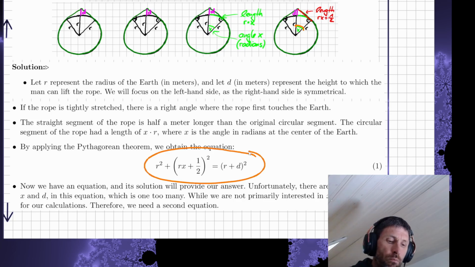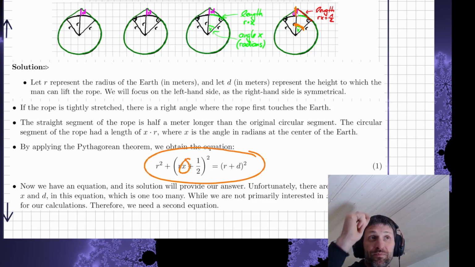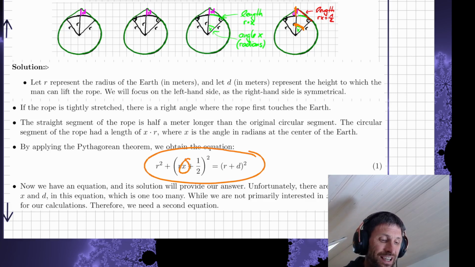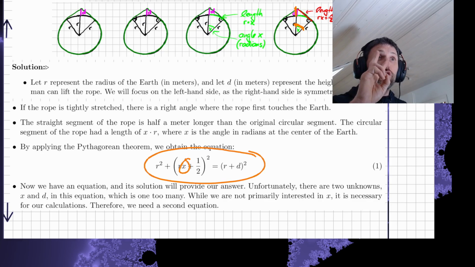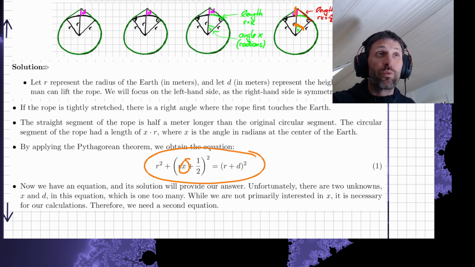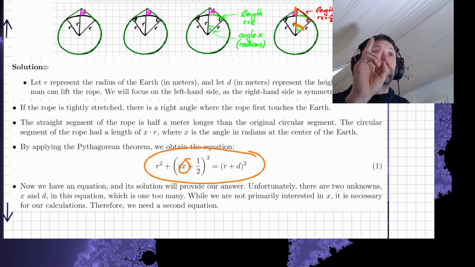Okay, but we don't know x, this angle, and we don't know d, this height. So we have an equation and the solution we are interested in, but there are 2 unknowns and only 1 equation. This is not a good situation. So we need a second equation. If you have 2 unknowns, you need 2 equations.